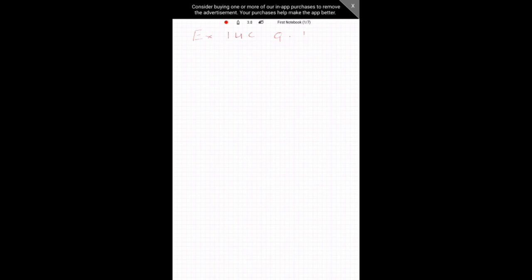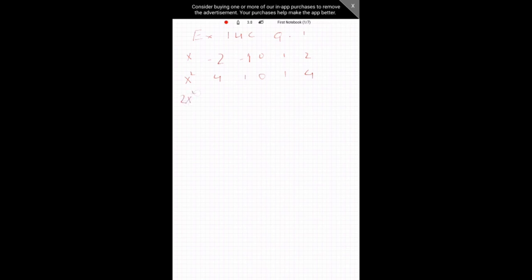Means the value of x will be 0, 1, 2, minus 1 and minus 2. So when y is equal to x square, it will be 4, 1, 0, 1 and 4.